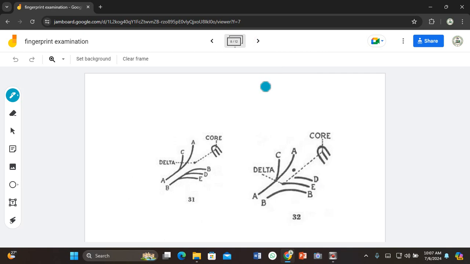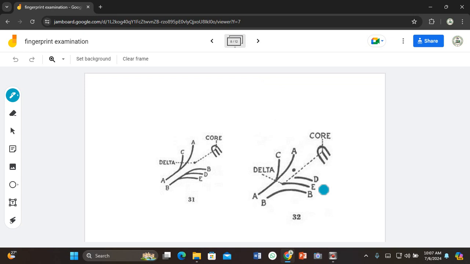Now, you may be asking, what is the relevance of locating a core and locating a delta? This is the reason. There is something we call ridge count.